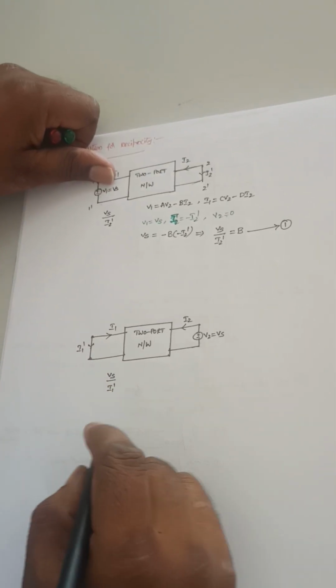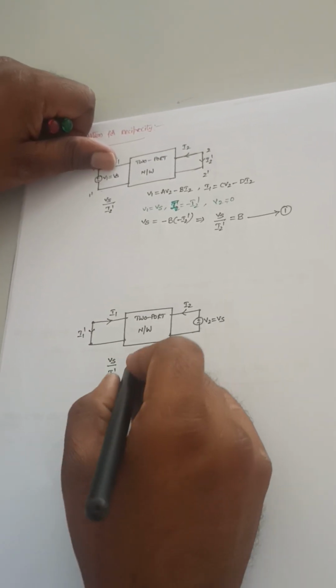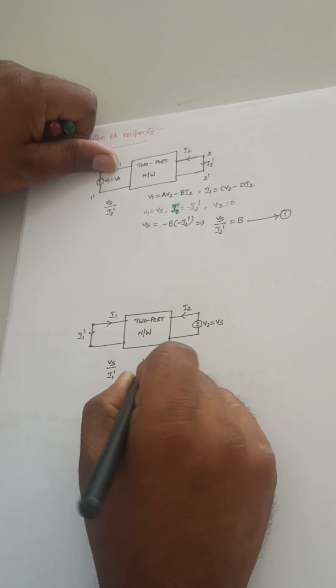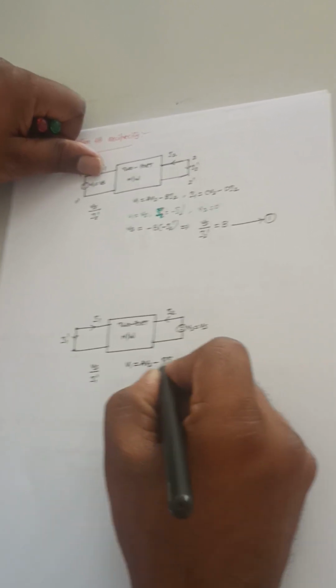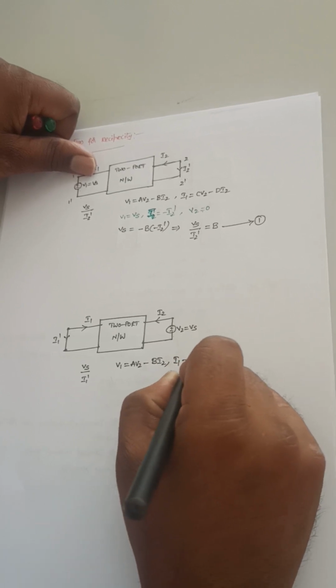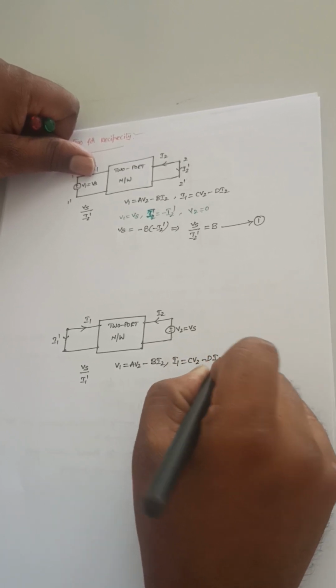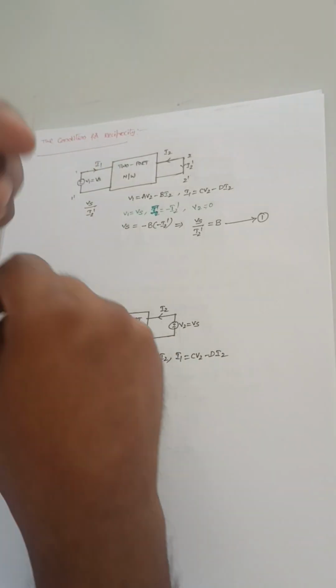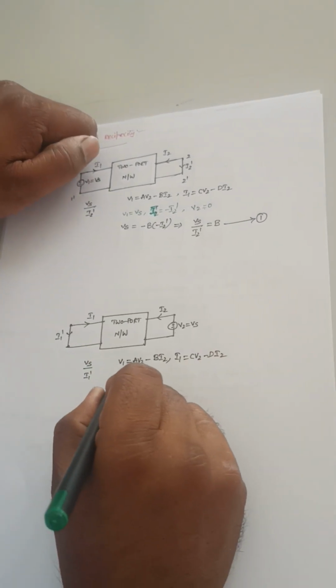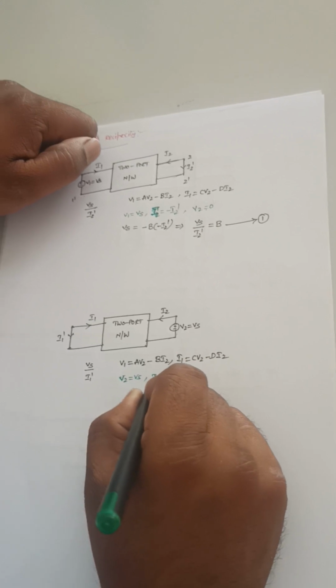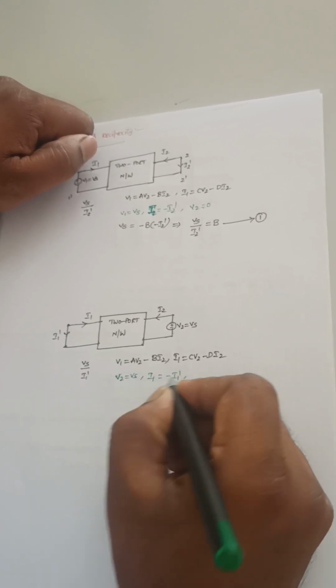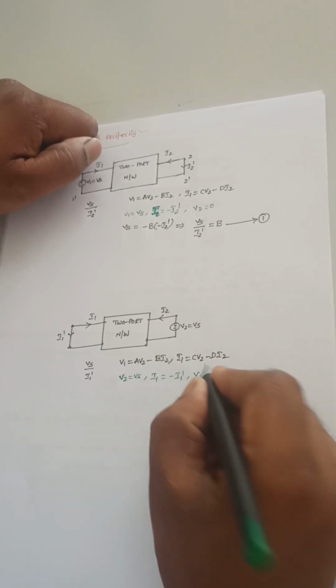Now from here try to calculate the Vs by I1 dash value. So let us substitute V1 is equal to AV2 minus BI2, and I1 is equal to CV2 minus DI2. Here the conditions are V2 is equal to Vs, I1 is equal to minus I1 dash, and V1 is equal to 0.